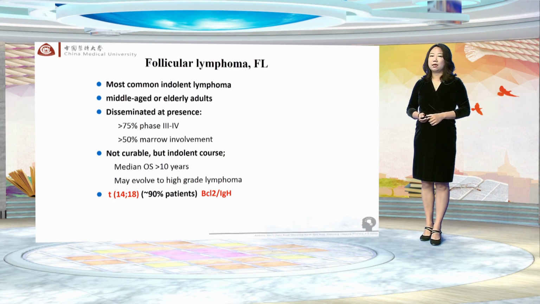However, it's usually disseminated at presentation. More than 35% are stage 3 to 4, and more than 50% have marrow involvement. It is not curable, but has an indolent course. The median OS is more than 10 years.